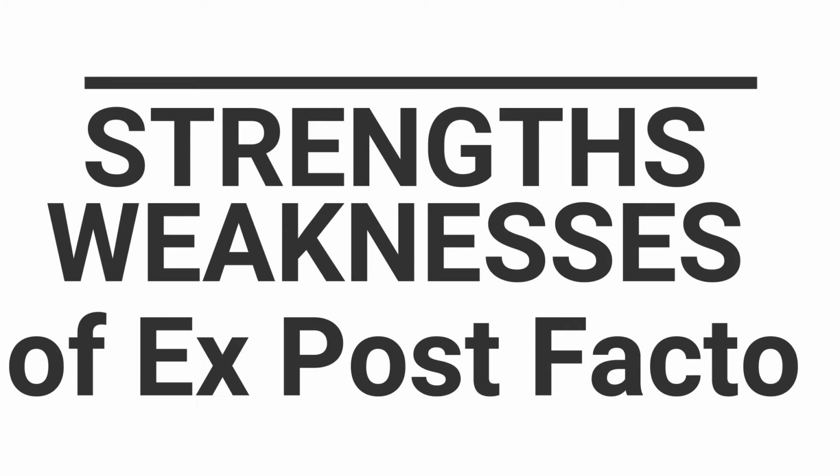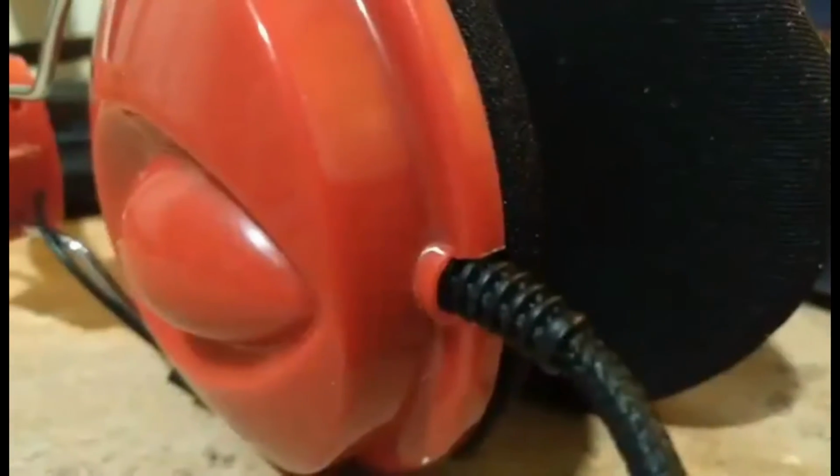It must be remembered that even though ex post facto research is a valid method for collecting information regarding an event that had already occurred, no research can be perfect in itself. All methods have their strengths as well as weaknesses. The same is applicable in the case of ex post facto research. This time, let's discuss the strengths and the weaknesses of ex post facto research.